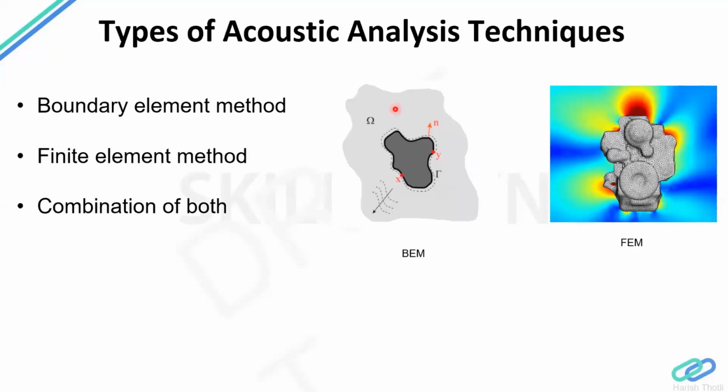So the mesh you got inside, this is the finite element method. And what you got around the boundary, the 1D elements, these are called infinite elements in acoustic terms, is the boundary element method. So we combine both, and this is very popular nowadays. In fact, we are mostly doing this kind of analysis in between, a combination of both the boundary element and finite element method.